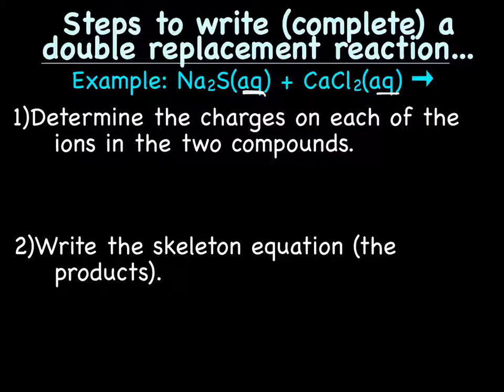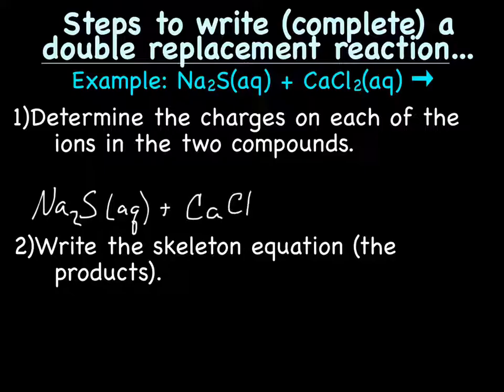So the first thing you want to do, just like we did for the single replacement, is figure out the charges on all of the ions in the compound. We have Na2S, and I'm going to put that aqueous, even though it doesn't matter for balancing, it does matter for whether or not the reaction occurred, plus CaCl2, aqueous, and that's going to give us something.